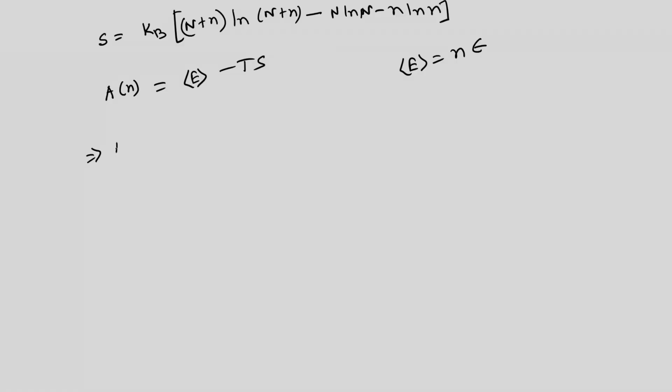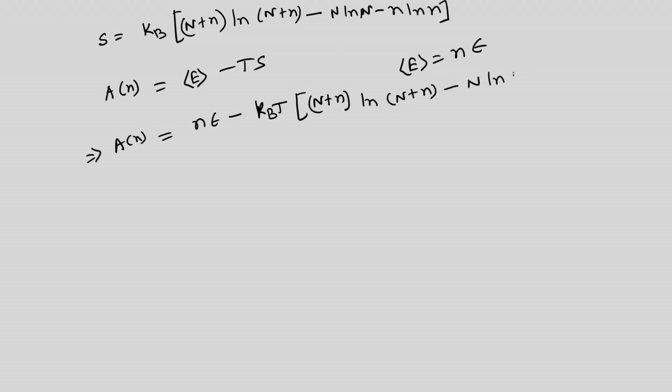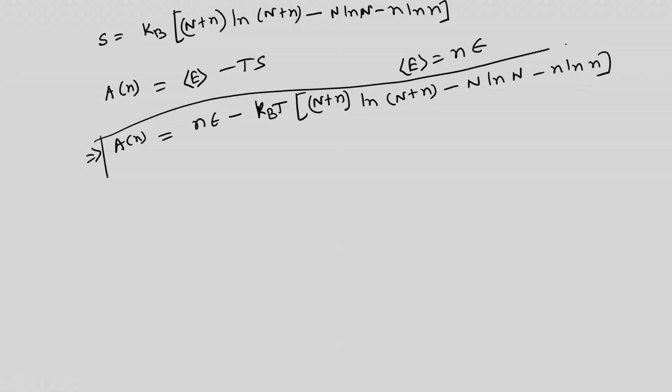Okay, so, we get A(n) is n epsilon minus kBT times (N plus n) ln (N plus n) minus N ln N minus n ln n. So, this is the expression for Helmholtz free energy.